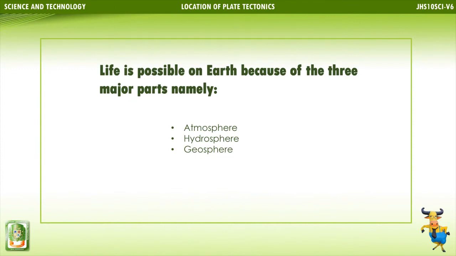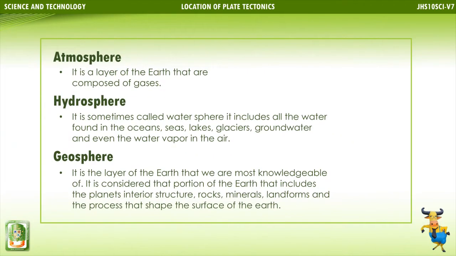Life is possible on Earth because of the 3 major parts, namely atmosphere, hydrosphere, and geosphere. Atmosphere, it is a layer of the Earth that is composed of gases. Hydrosphere, it is sometimes called the water sphere.